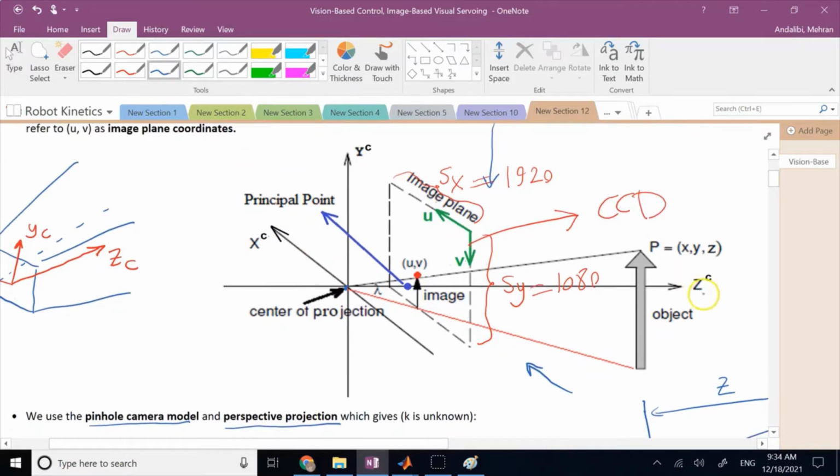Now, this ZC, this optical axis of the camera, when it intersects your image projection plane, it intersects it at a specific location, which is not necessarily the center. In many cases you might assume the intersection of the Z-axis with this camera projection plane is exactly in the center, half SX and half SY, but not always necessarily.